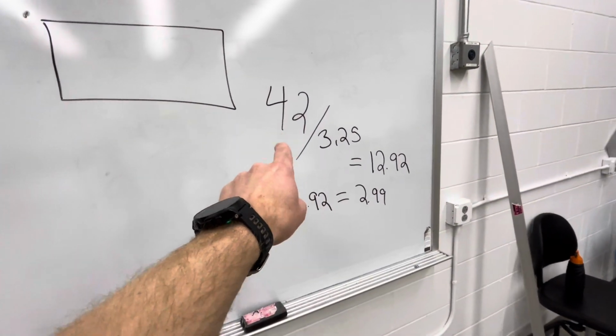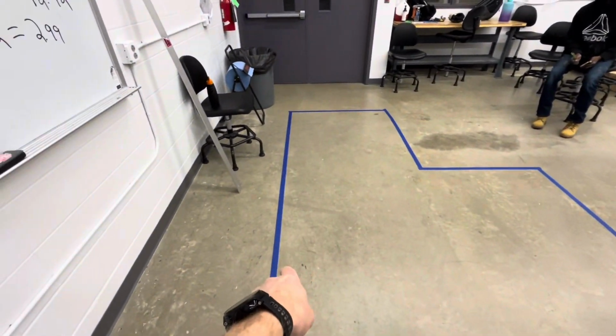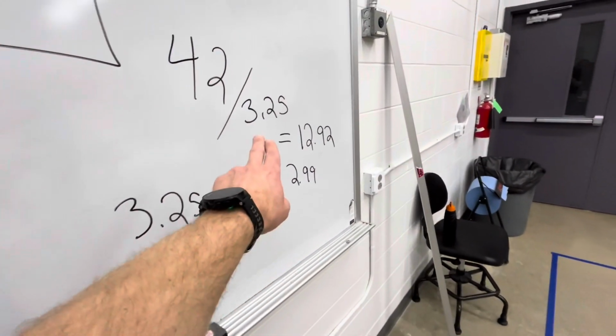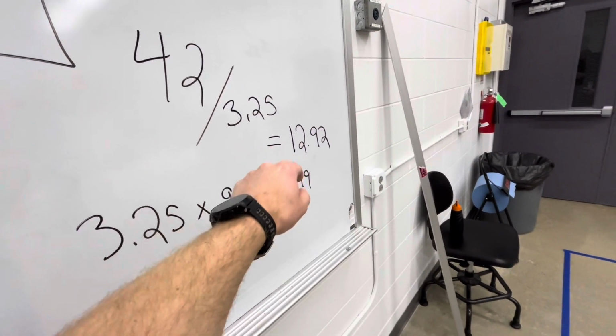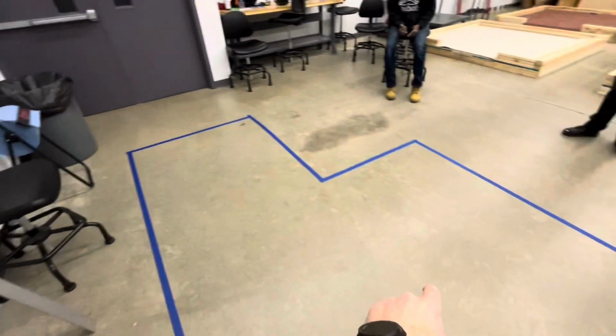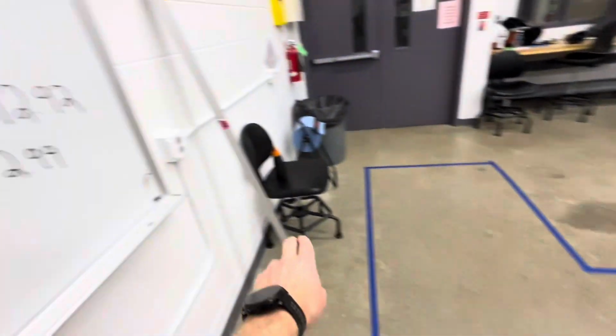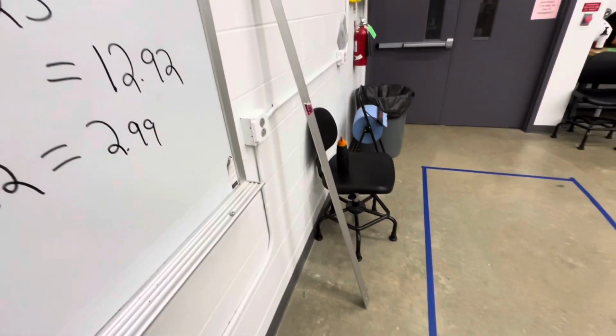We have 42 inches from the center of this room to the wall. We have 3.25, that's 3 1/4 inch hardwood material. If we start on the center row, we'll be installing 12.92 pieces.